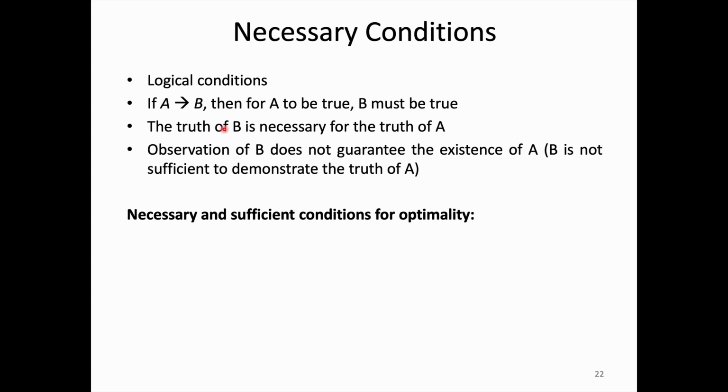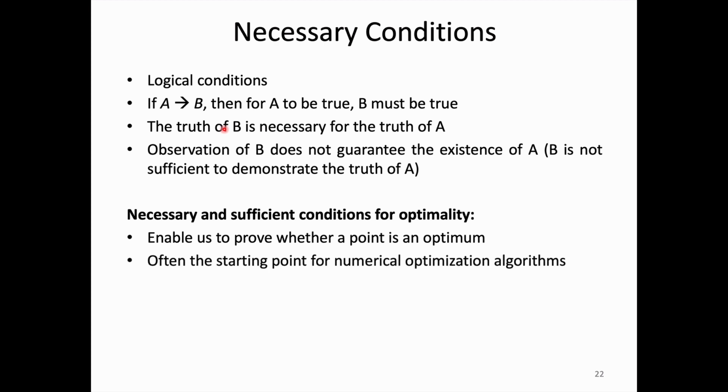If both necessary and sufficient conditions are satisfied, that's like when you've encountered proofs in mathematics. Then you can say A if and only if B, for example. So these sorts of conditions enable us to prove whether a point is an optimum.